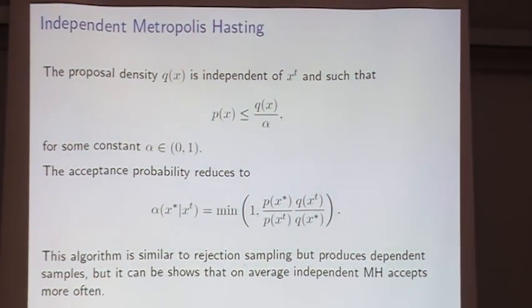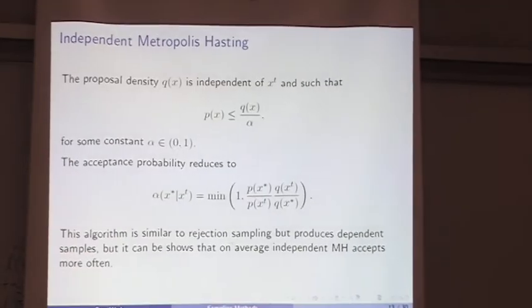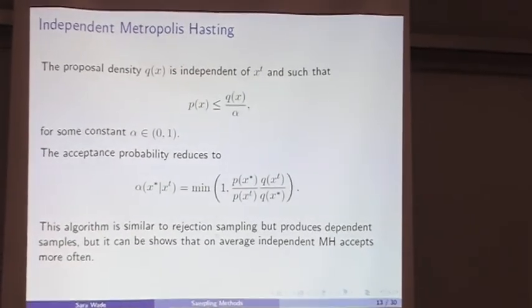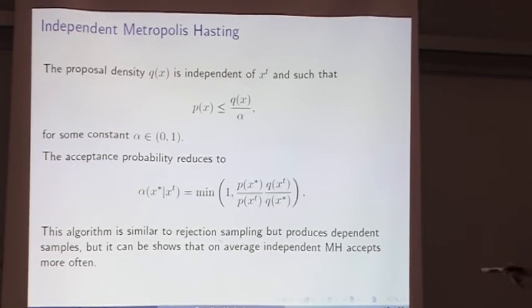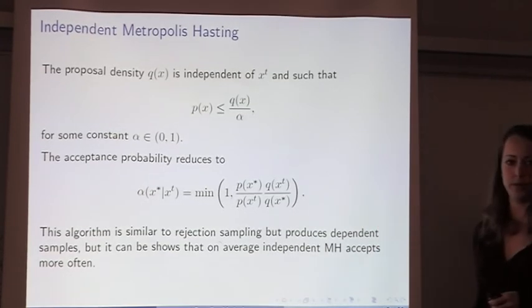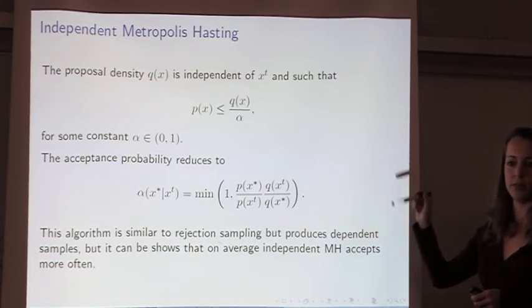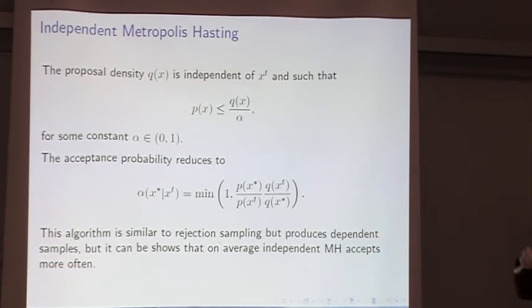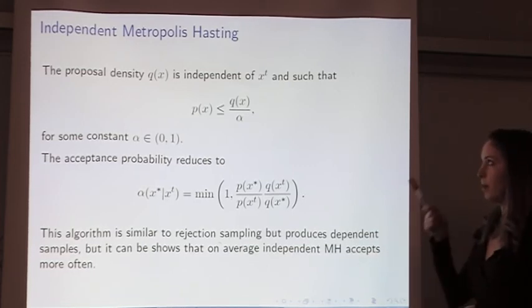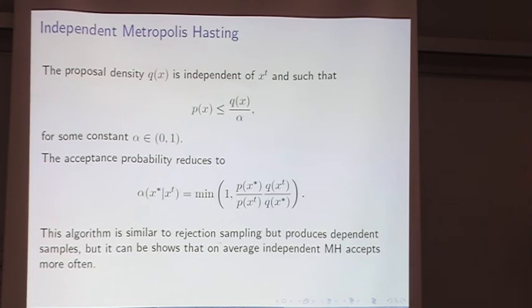So this algorithm is very similar to the rejection sampling that we saw earlier. The difference is that it produces dependent samples, because if I reject, my next state is equal to my previous state. So in general, I will have dependent samples. But it can be shown that on average, the independent Metropolis Hastings accepts more often.